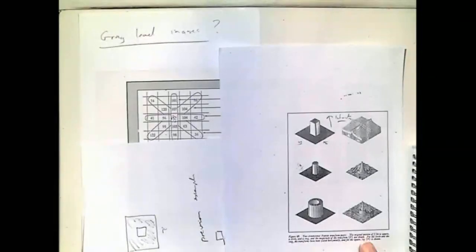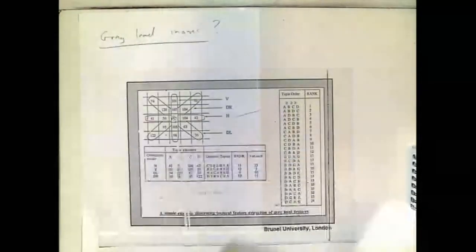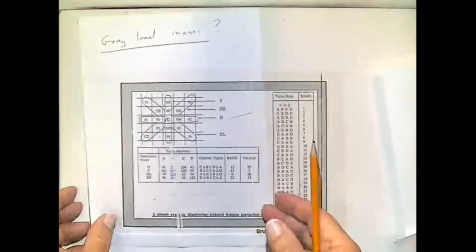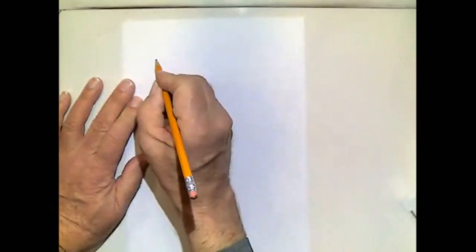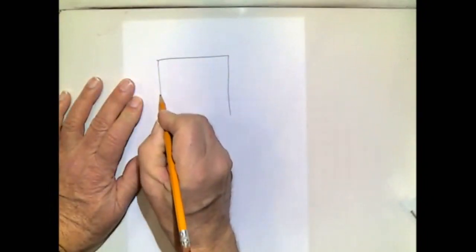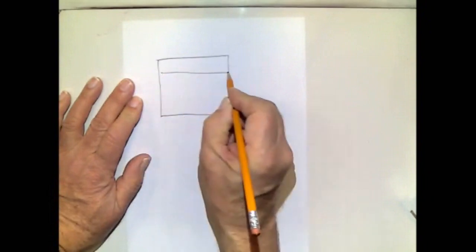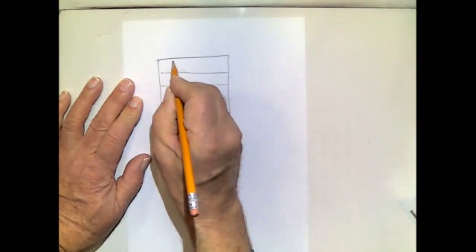And if I label these pixels, oh, it's not allowed. Let's do it on separate paper. Let's take an image, 4 by 4.